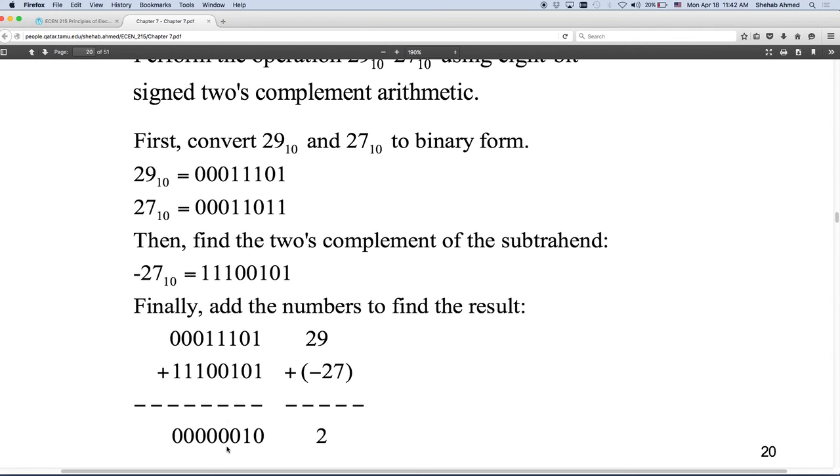And you keep carrying over, and then you don't add another bit here. You ignore the most significant bit carryover. So this now represents 2 to the 0 plus 2 to the 1, so it's 2. So 29 minus 27 is 2.